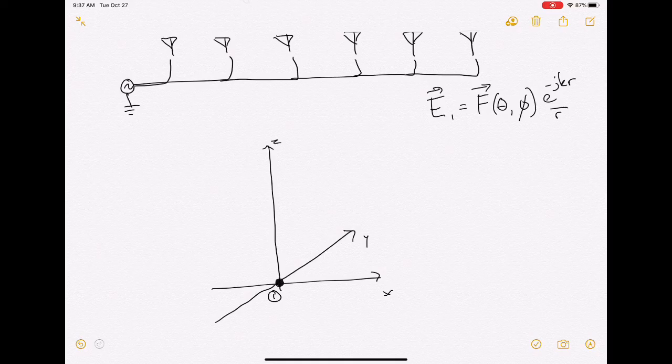If the second antenna is identical, but we offset it by some distance, then the second antenna is going to have some other position coordinates.